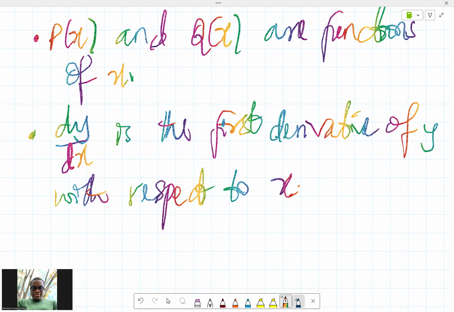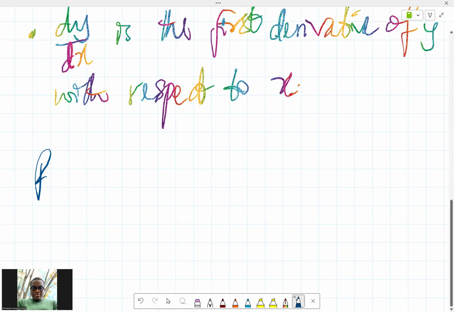Okay, so I think it's important to know in what real life applications we have these linear first order differential equations.